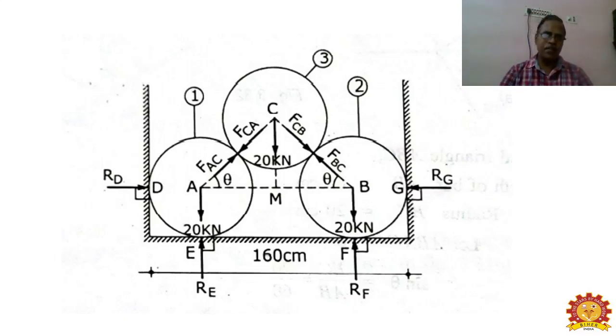Similarly, you have to find the forces acting with respect to cylindrical pipe 3 as well as 1. That is more than sufficient, since all three cylinders are identical, whatever answer you have got for 1 will remain the same for 2 also. That is, RD will be equal to RG and RE will be equal to RF.